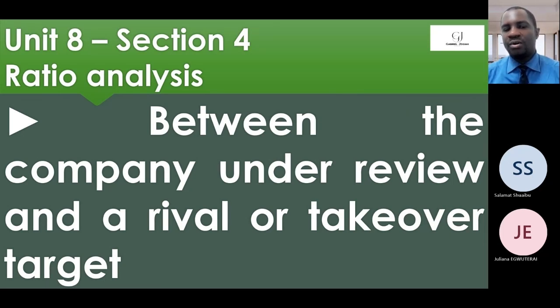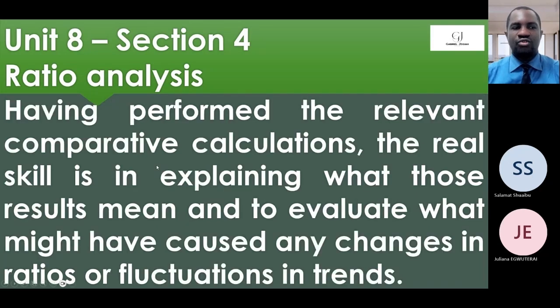So ratio analysis could be conducted between a company and a rival or a takeover. So we've seen some past questions where the examiner brings an industry average and says this is the average, compute the ratio and compare with companies in this same industry average to see which one is higher and to examine if the company is doing well and evaluate its performance in this respect.